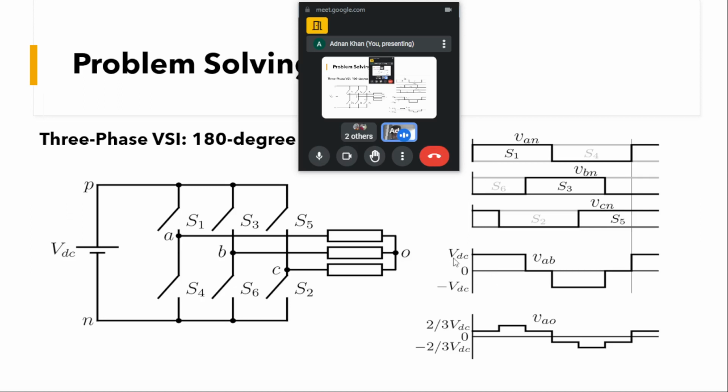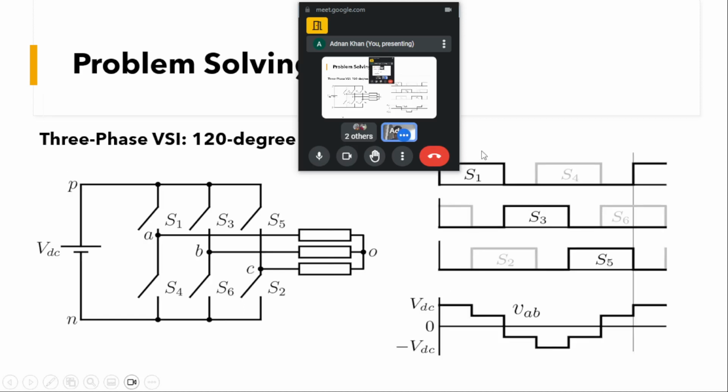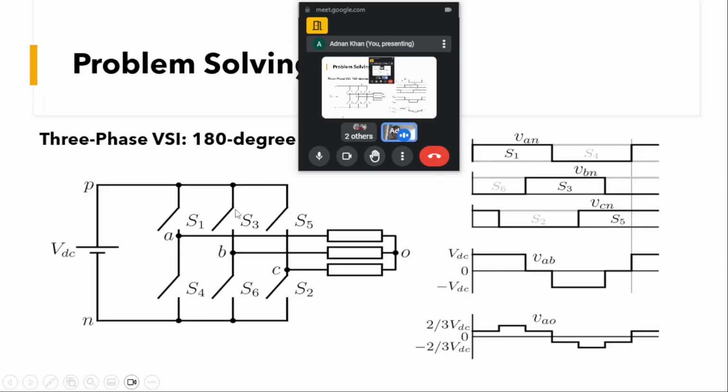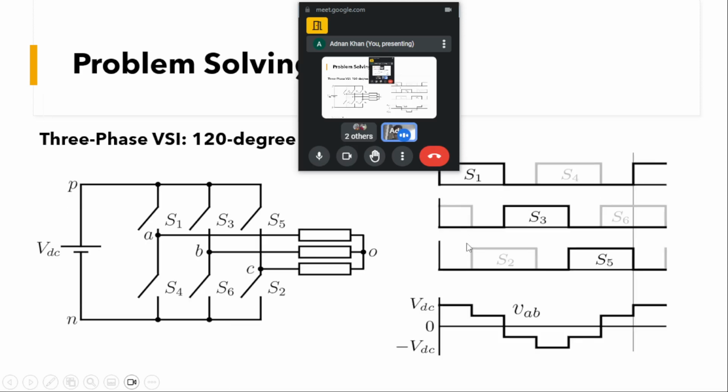Previously we saw the VAB will be a quasi-square wave, and our load phase voltage will be a 6-step waveform. So at each 60 degree interval, 3 devices are conducting, like S1, S6 and S5. So you can see in 180 degree conduction mode, 3 devices are conducting in each 60 degree.